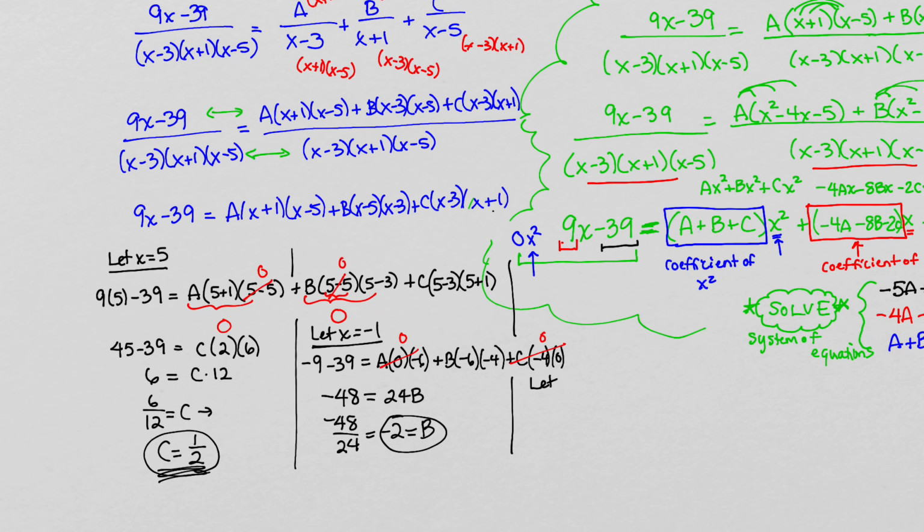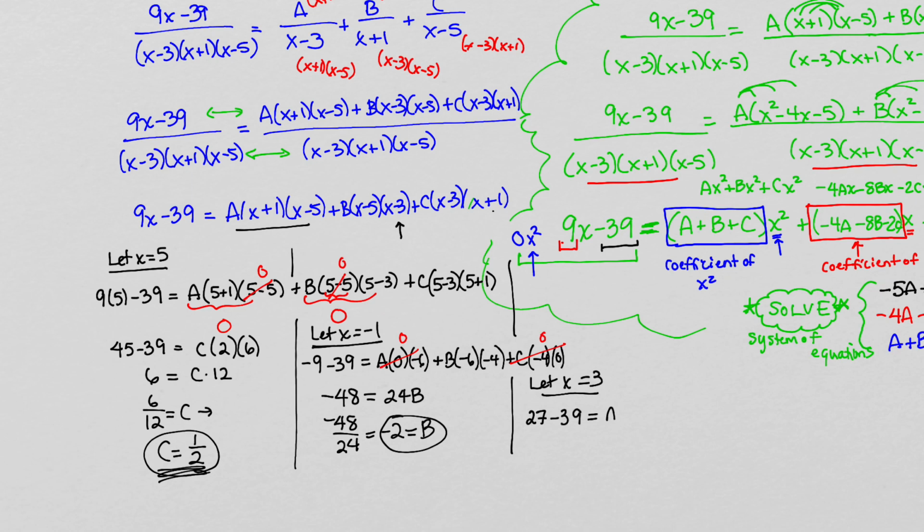So that means I don't want to cancel anything out here, but I want to cancel something from C and B. So notice this time I'm going to choose 3. I'm going to let x equal 3. That means on the left side, I have 9 times 3, or 27 minus 39.